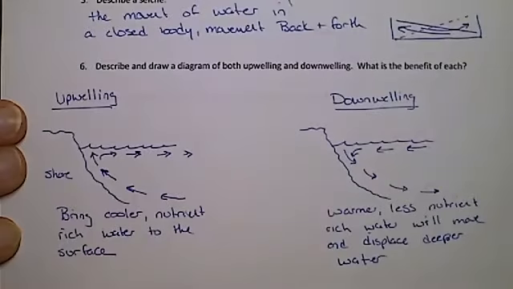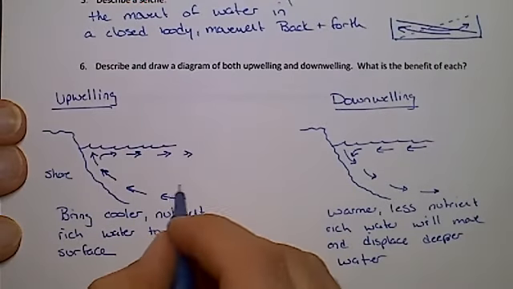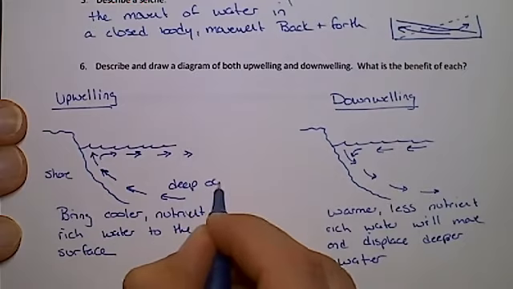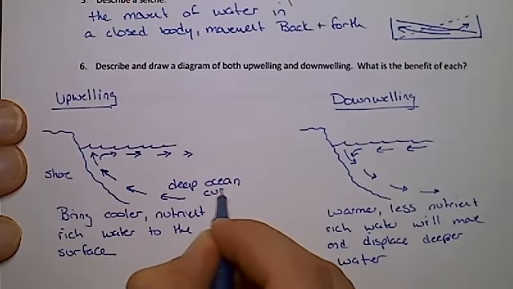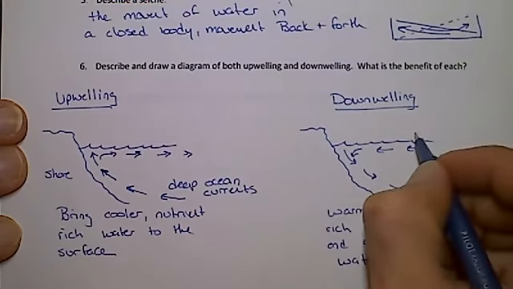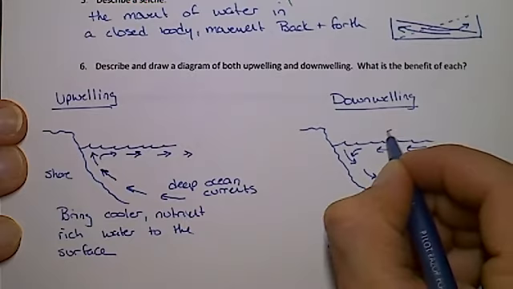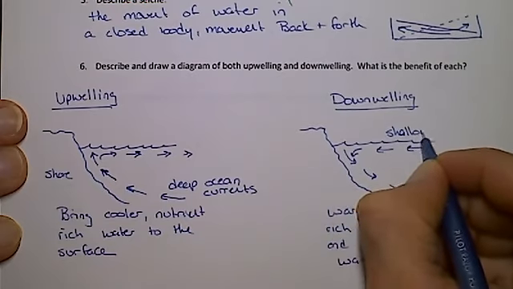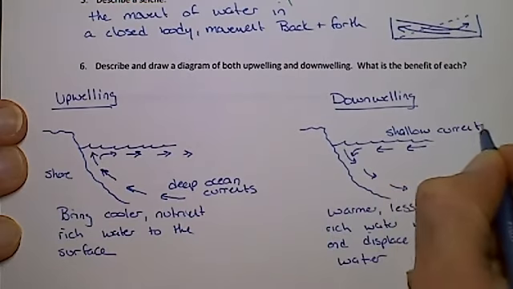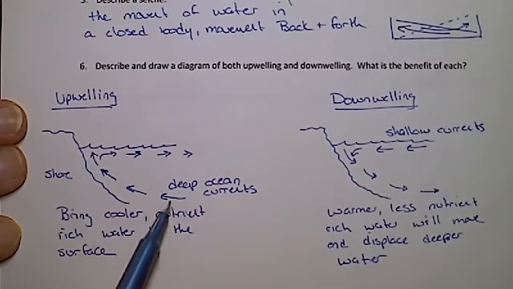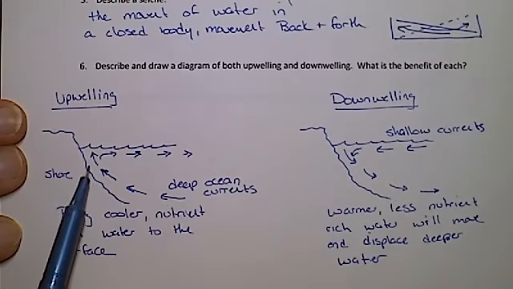All right, guys. So some benefits here. This is driven by deep ocean currents. This is driven by shallow currents, wind driven. Some benefits. This is going to bring nutrient rich water, cooler water up.